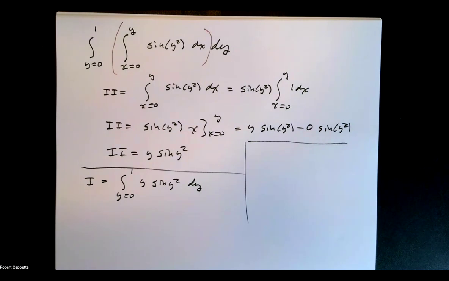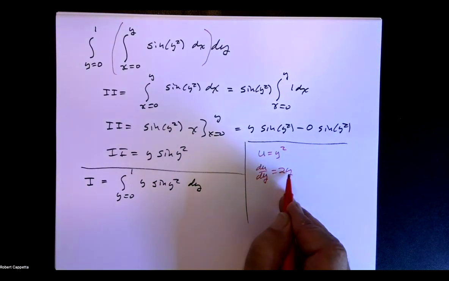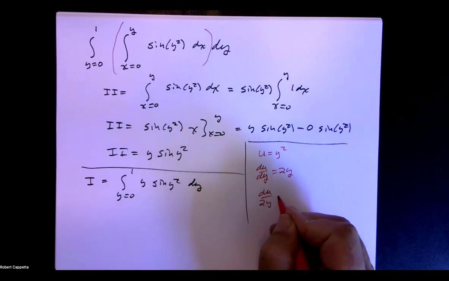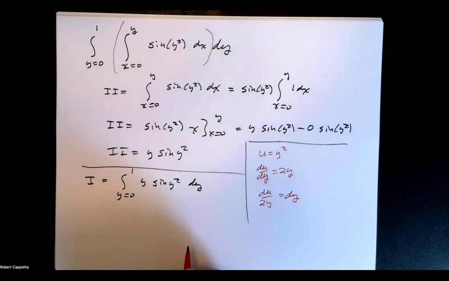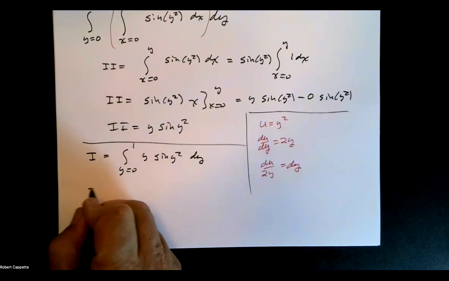So let's quickly remind ourselves of that process. U is going to equal y squared. So du/dy is 2y, so du divided by 2y equals dy. We also need to keep in mind that I better change my endpoints, although it just so happens here it's not going to be crucial.